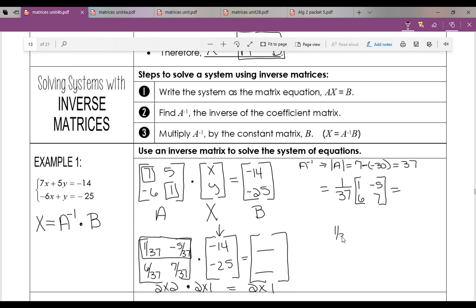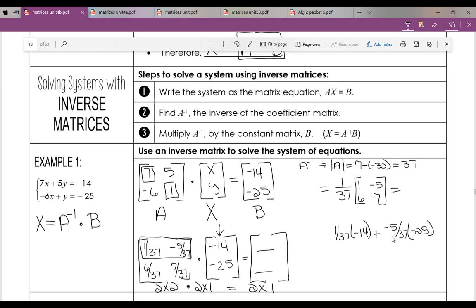So 1 over 37 gets paired, multiplication-wise, with negative 14. We're going to add that to negative 5 over 37 times negative 25. That's going to give me the top number.